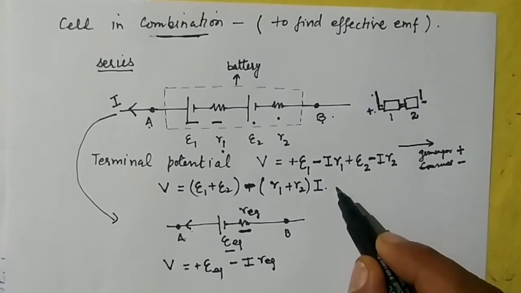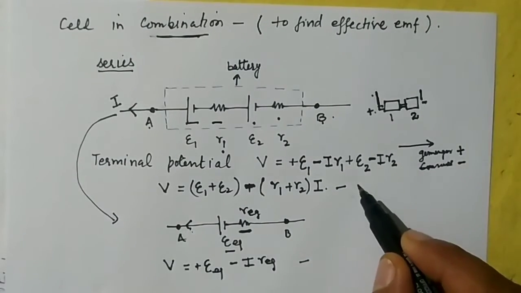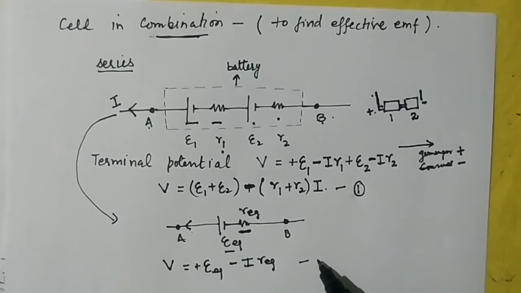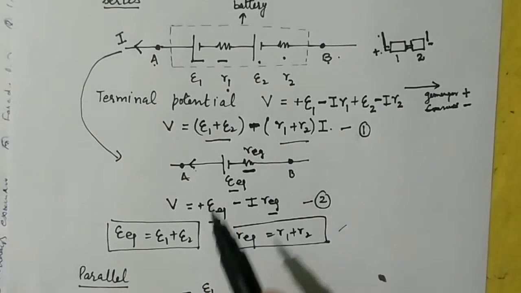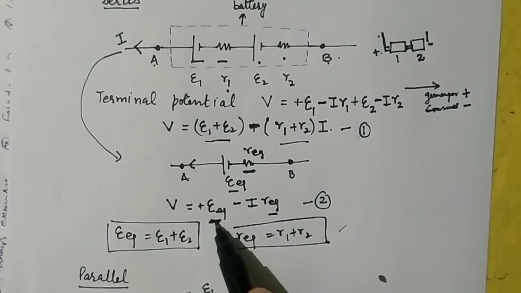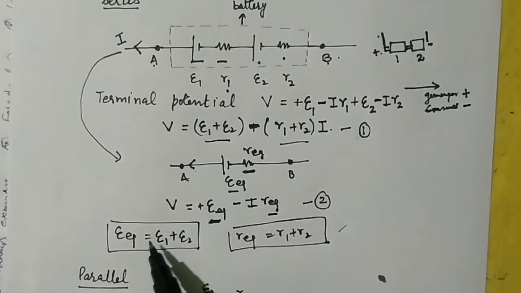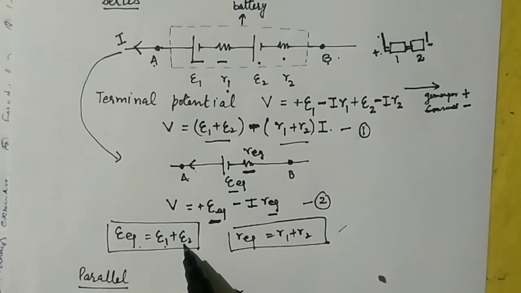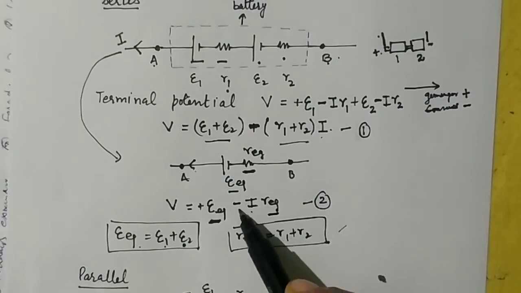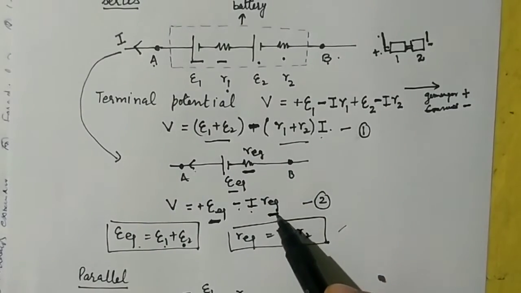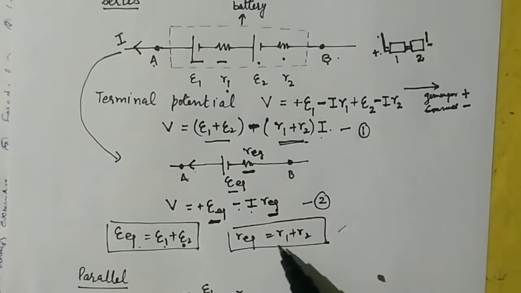If you compare these two equations, both are the terminal potential. From here you can say that E1 plus E2 is equivalent to this one. So E equivalent is equal to E1 plus E2, and R equivalent is equal to R1 plus R2.